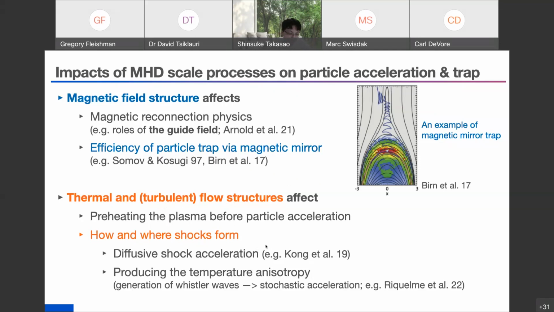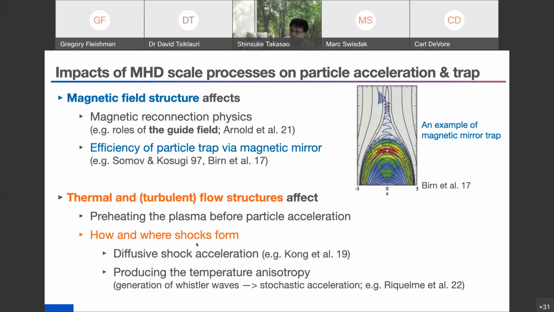As I introduced before, the shocks would be a good accelerator via the diffusive shock acceleration mechanism, and the shocks can produce temperature anisotropy in plasma.